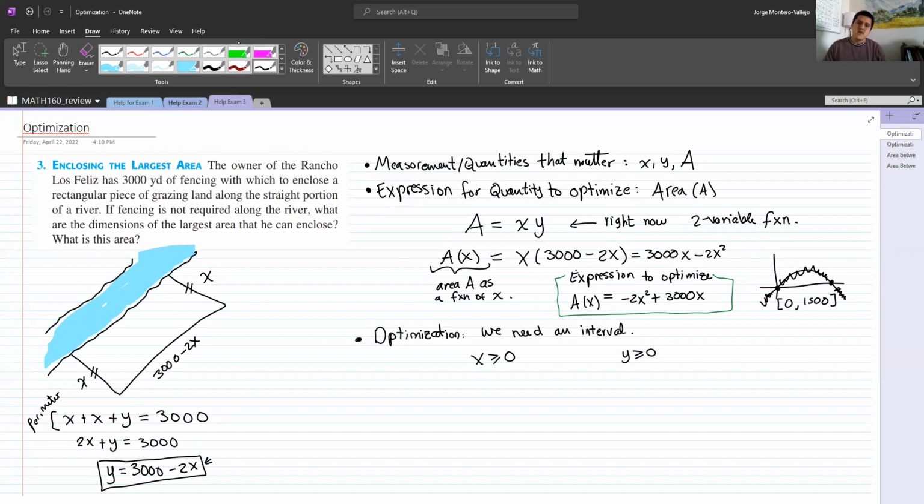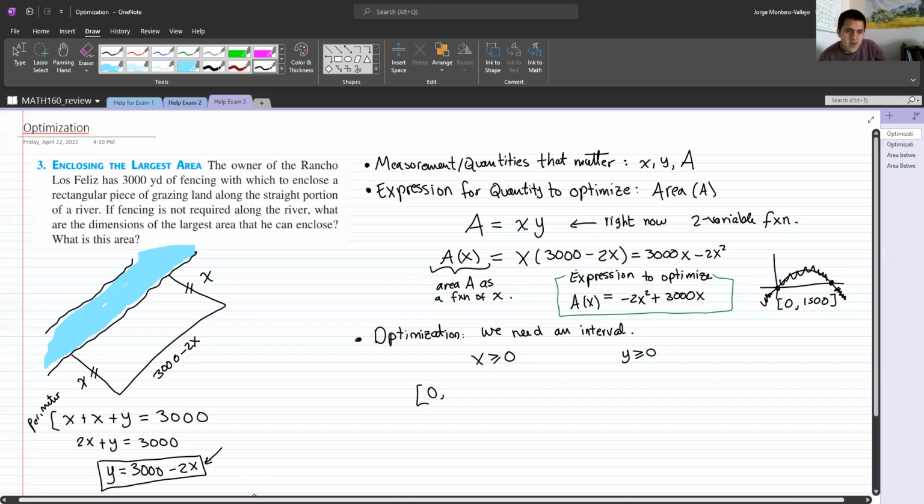This tells us already that our interval of optimization starts at 0. But now, what about y greater than or equal to 0? This y over here, we replace it with what we got here. We know that y is equal to 3000 minus 2x, so we just replace it.